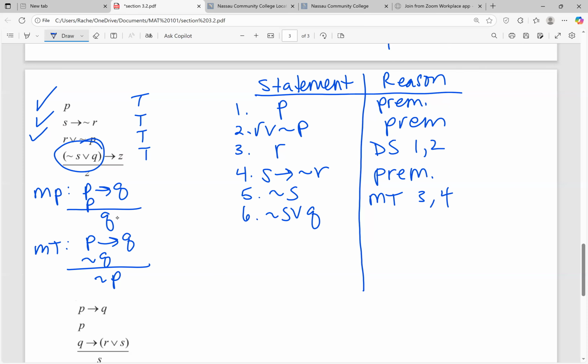So now I could take my statement in 5, not S, and join it with Q, and it's still going to be true, right? That's my disjunctive addition. So I'm joining or adding Q to not S using my or statement, and it's still going to be a true statement. So disjunctive addition, DA, on statement 5.